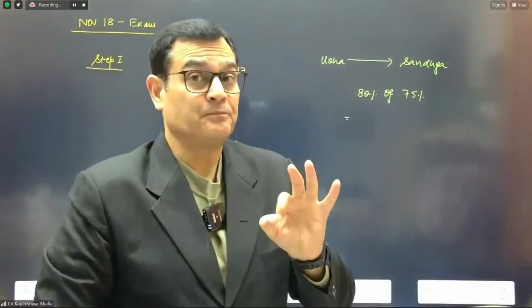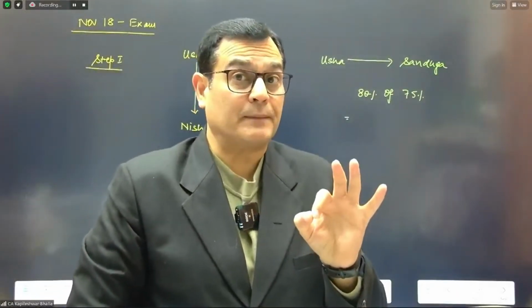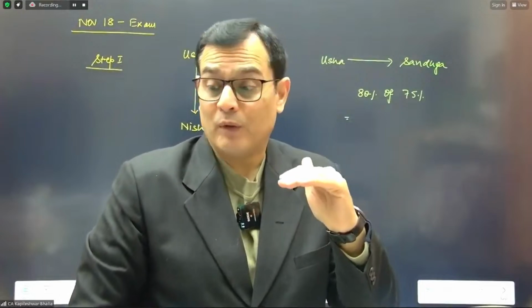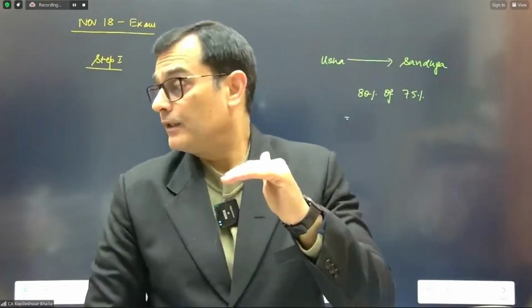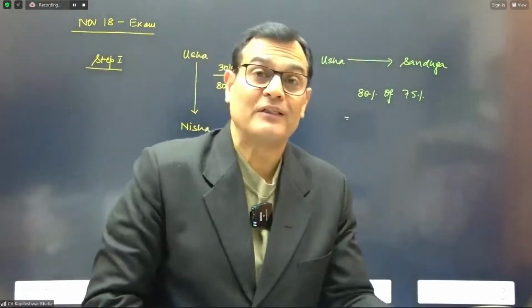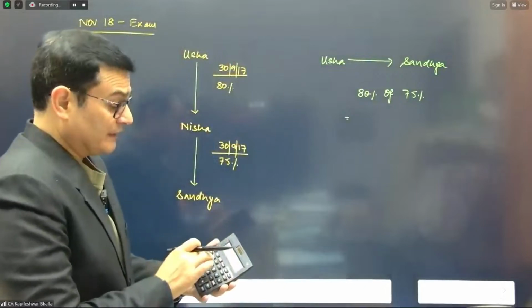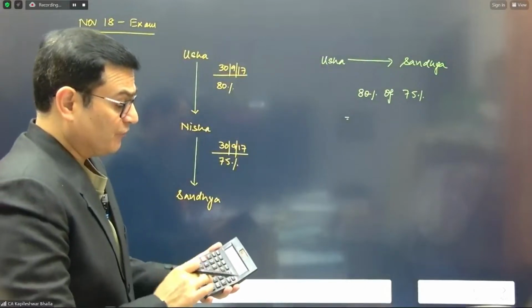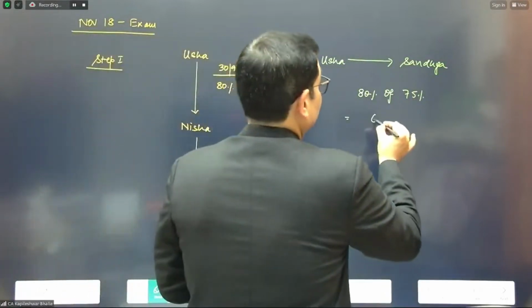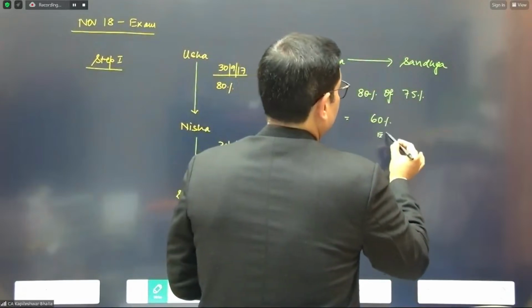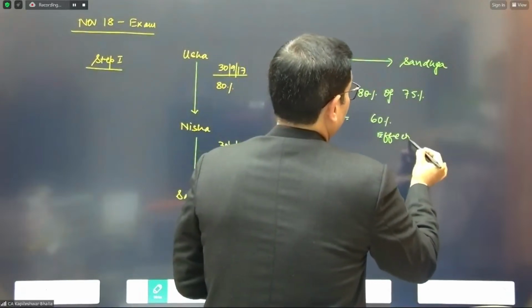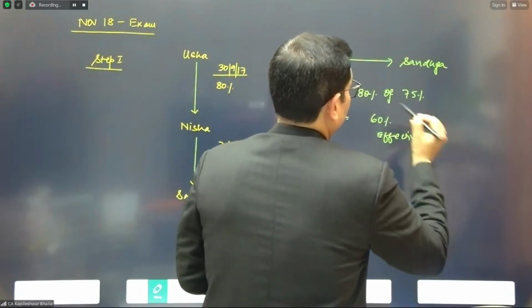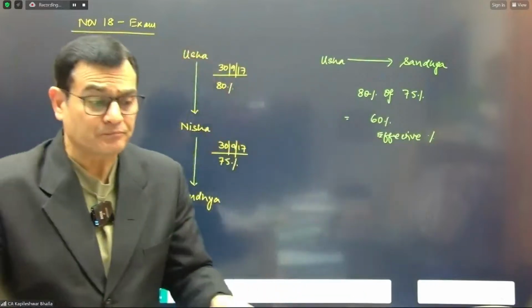So the first thing you are going to do in step number one is calculate the effective percentage. If I consider 80 into 75, this works out at 60%. We can say this is the effective percentage which Usha has got in Sandhya.